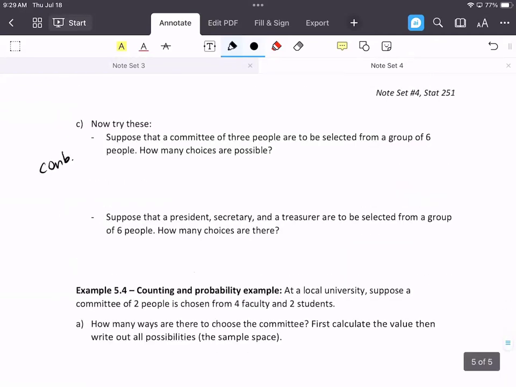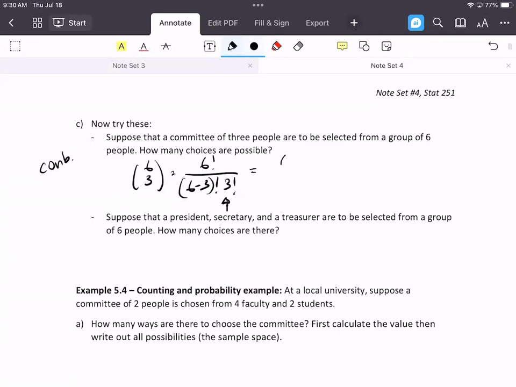In this case, I'm going to do 6 choose 3, which gives me 6 factorial over 6 minus 3 factorial times 3 factorial. Remember, this 3 factorial gets rid of any duplicates. You notice I'm not writing out the full sample space. I don't need to.